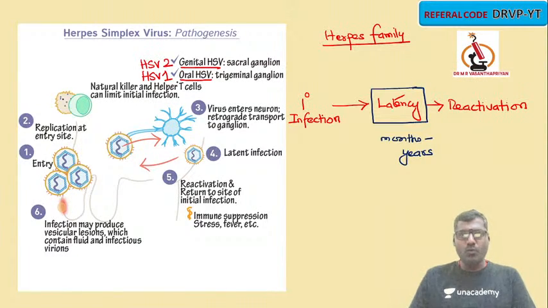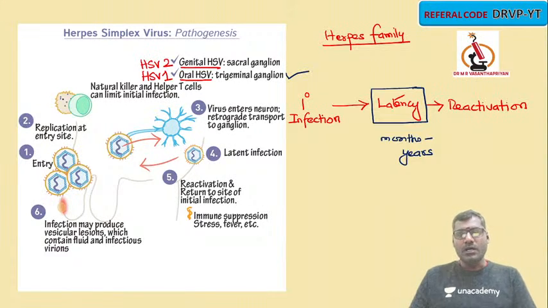Now the HSV1 primary infection is responsible for conjunctivitis, oral lesions and pharyngitis. After the primary infection, HSV1 takes latency in the trigeminal ganglion.